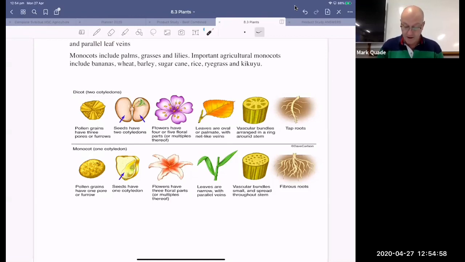So our vascular bundles are nice and orderly in a ring shape on our dicots, and they're spread throughout the plant on the monocot. Our roots on a dicot have a tap root, and our monocots have a fibrous root system. So they're the main ways that we can tell.